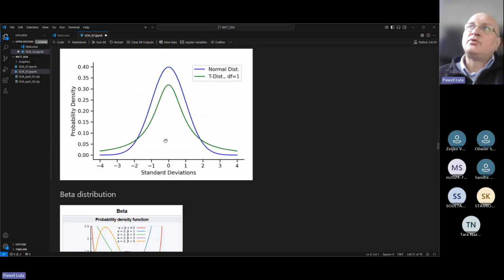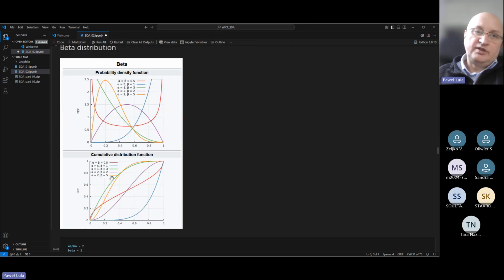It is not possible to use the normal or t-Student distribution for describing probabilities, because we see that also values which are outside this range from 0 to 1 can appear.